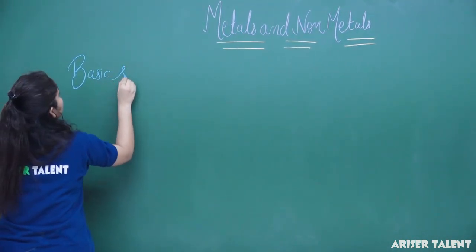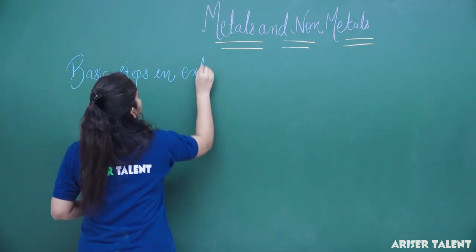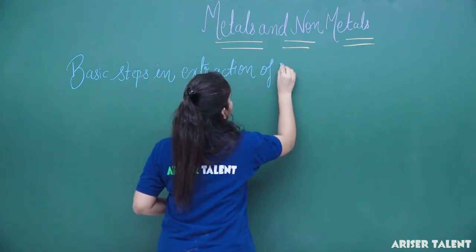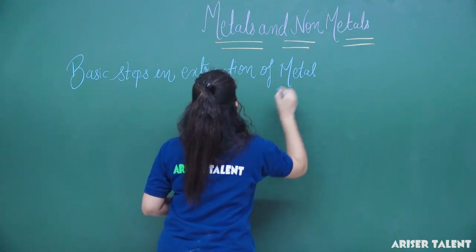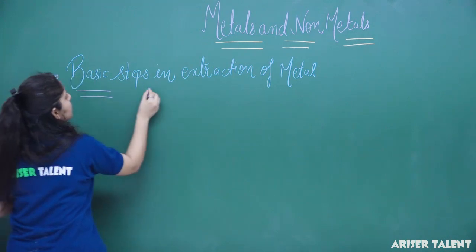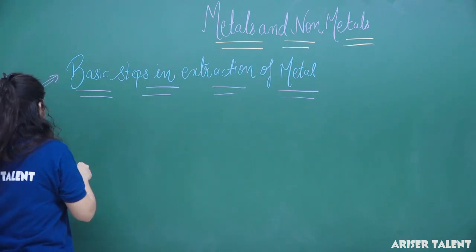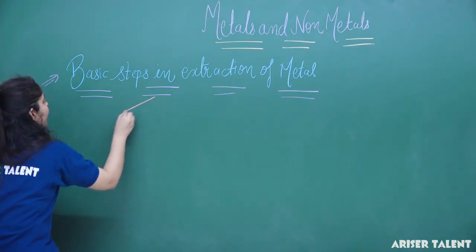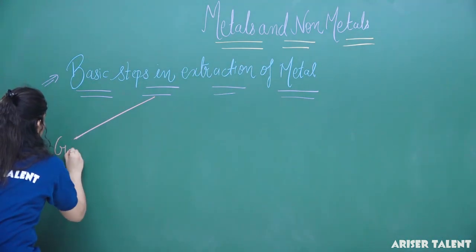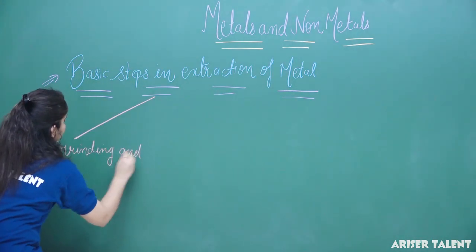basic steps in extraction of metal. The most important basic methods in the extraction of the metal involve, first, grinding and crushing of ore.